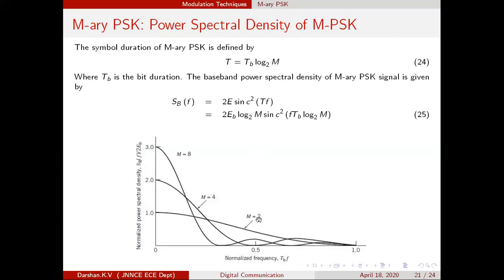M equal to 2 means binary, so you can treat this graph as related to BPSK. The second graph, where M equal to 4, is related to QPSK. And this one is related to 8-PSK or higher order PSK.